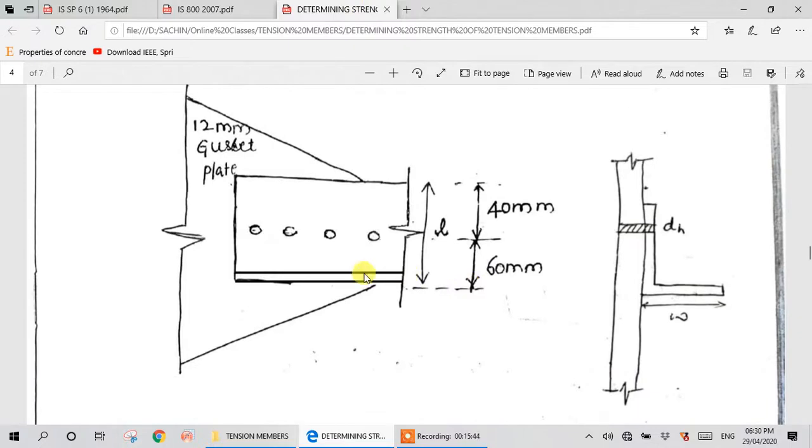You can see here from bottom till the center is 60. So out of 100, if 60 mm is taken, the remaining will be 40. So this is how we get the value if it is not given. If it is not given, you have to get it from SP6 part 1, page number 168.